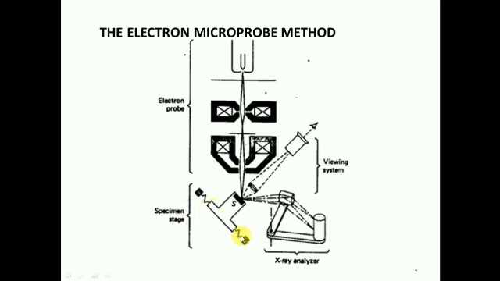These are the two electromagnetic lenses. Finally, fluorescent X-rays produced by the electron beam are collimated, dispersed by a single crystal, and detected by a gas filled detector. Here is the crystal.